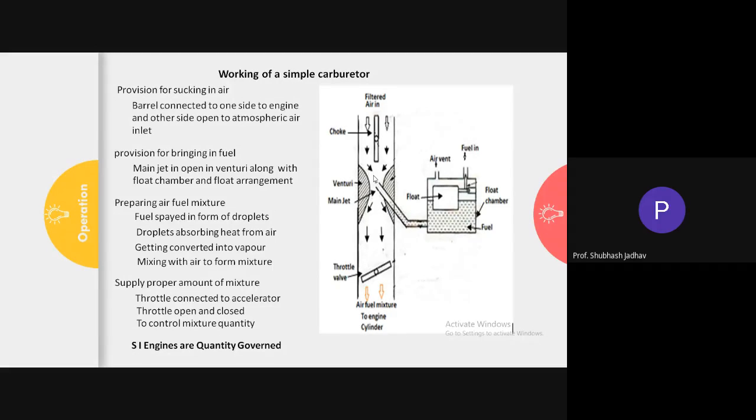Energy cannot be produced. Fuel droplets suck energy from this air, heat. Then what happens? Due to that energy, what happens?